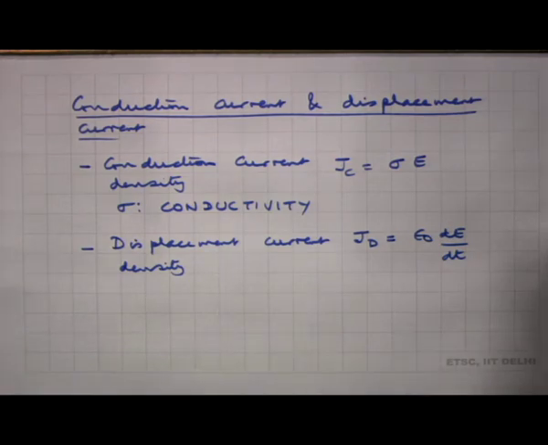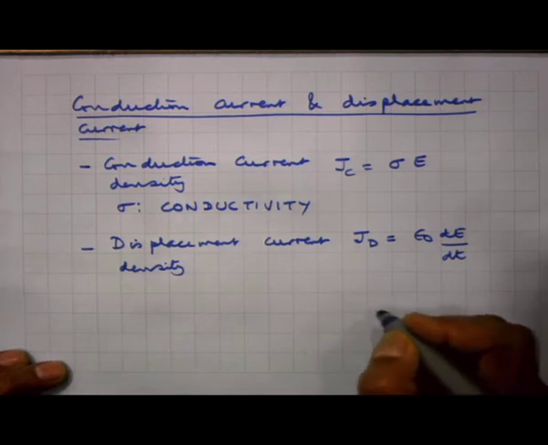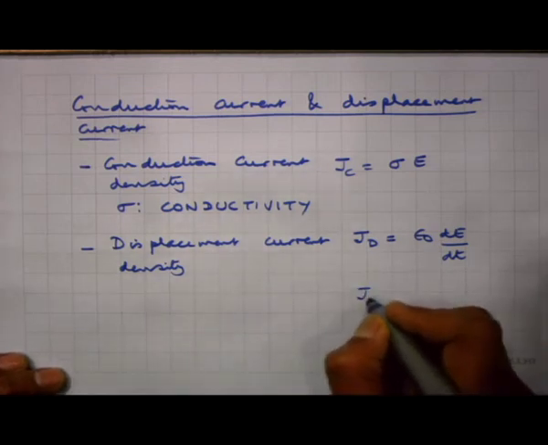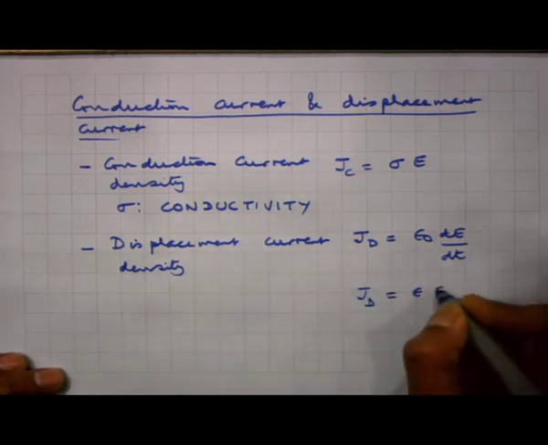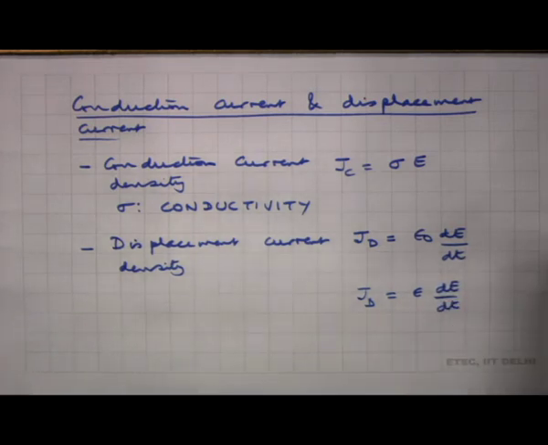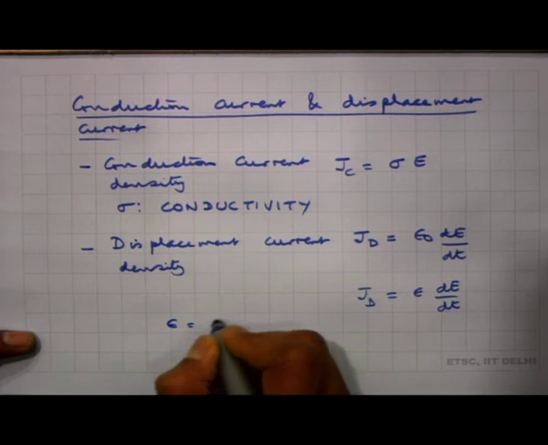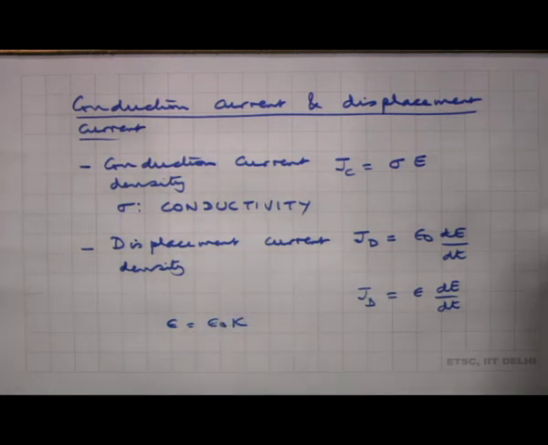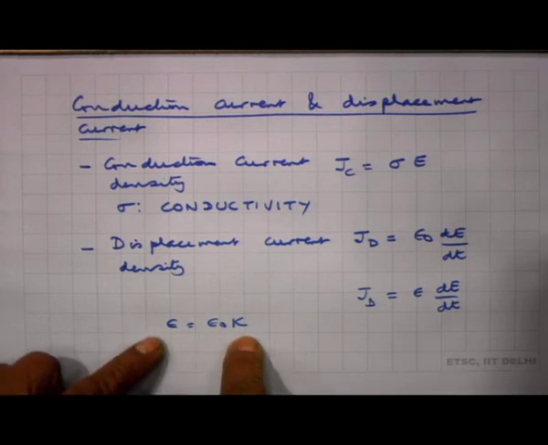Now, without going into discussion, I would like to mention here that if there is a medium, then the displacement current density becomes epsilon dE by dt. I replace the permittivity of free space epsilon 0 by the permittivity of the medium, which is epsilon, and epsilon is nothing but epsilon 0 into the dielectric constant k.